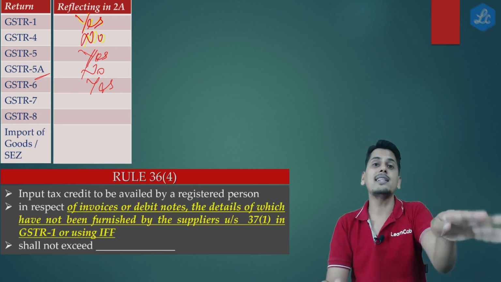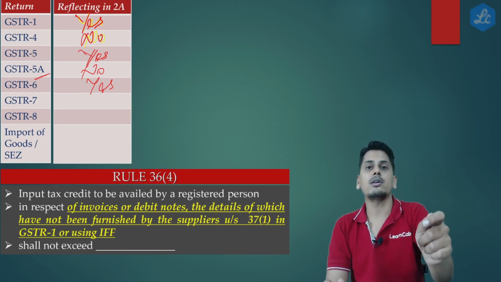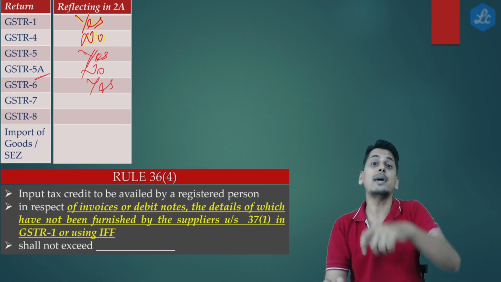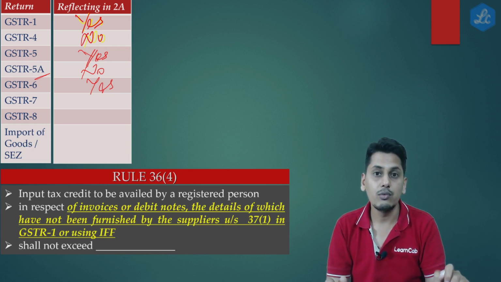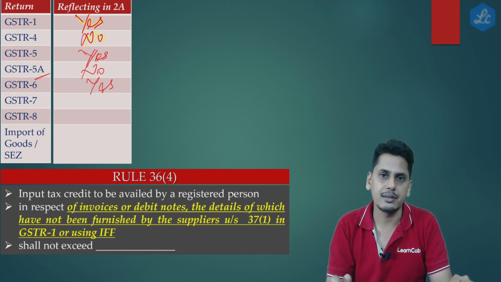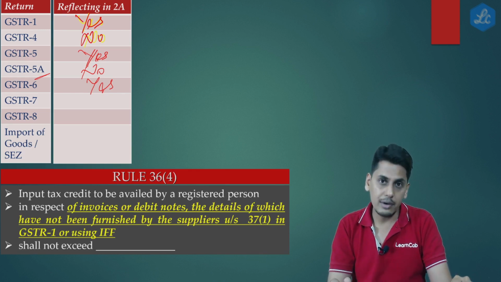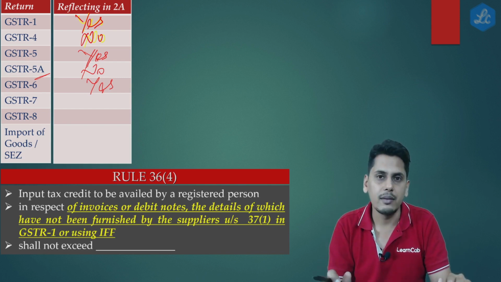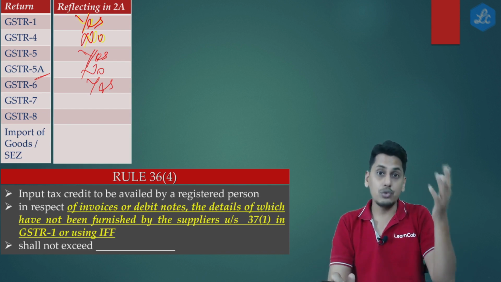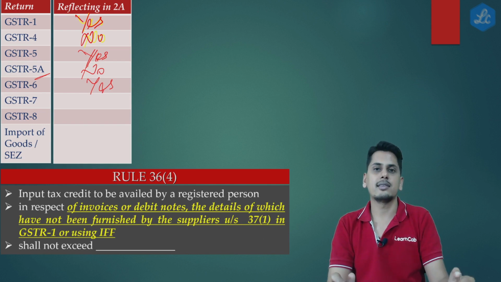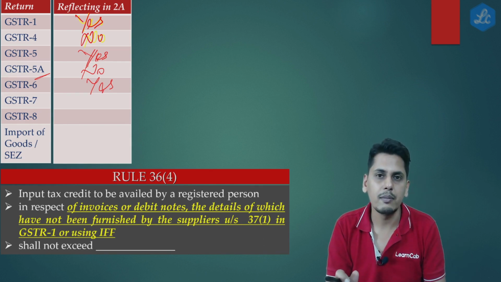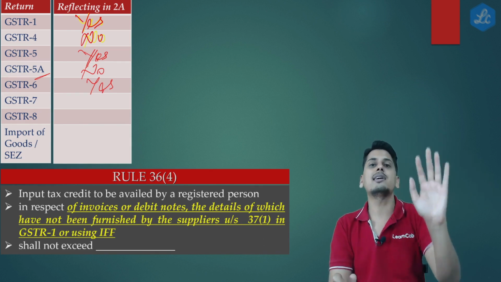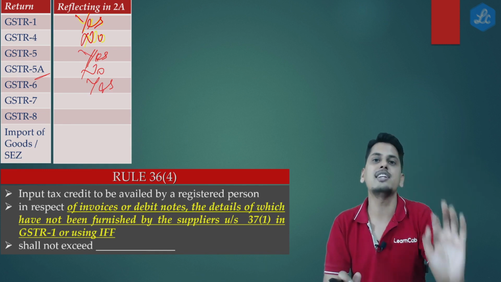And when you file GSTR 7, the amount which you have deducted for me and deposited with the government would come and reflect in my cash ledger. So it would reflect in my cash ledger, but I need data as to whether the deductors who have deducted money from me have deposited the money with the government and have filed GSTR 7.